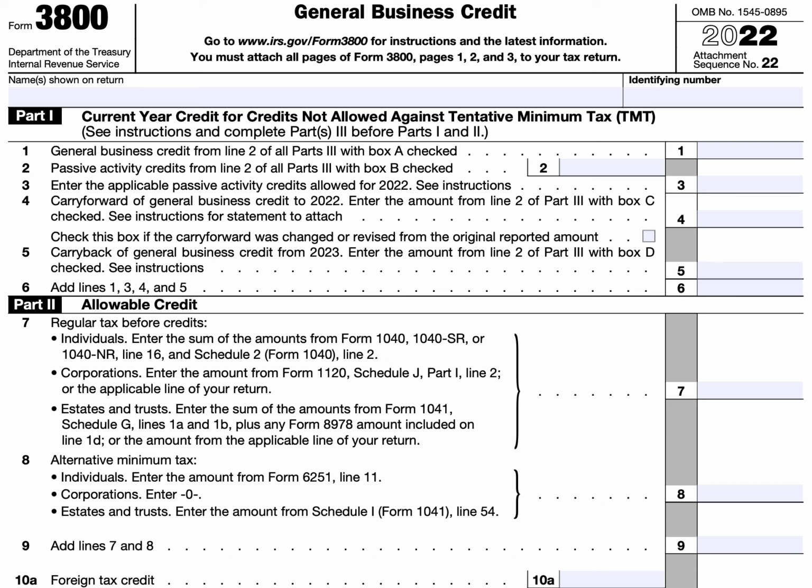There are specific rules when it comes to the order in which credits are used, so using carry forwards first, then the general business credit that is earned in the given tax year, and then carrybacks to the tax year.